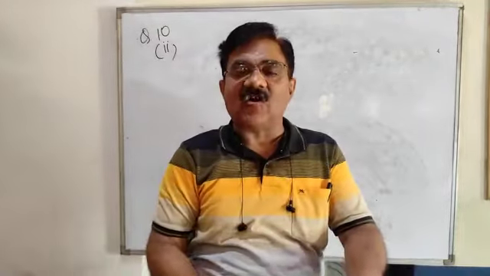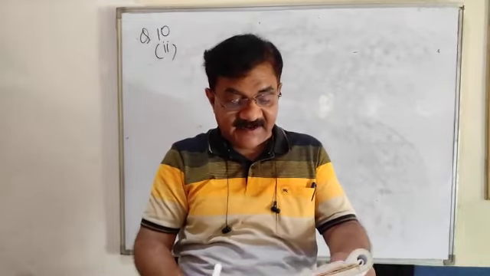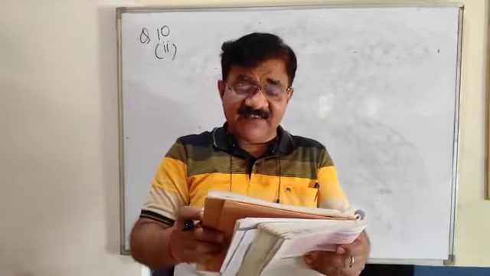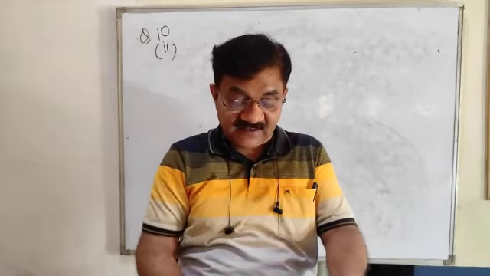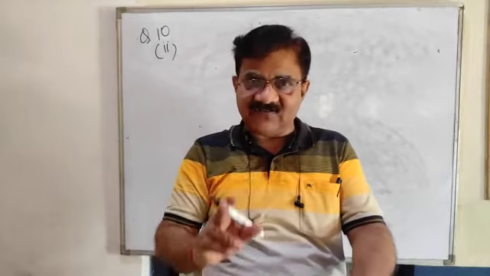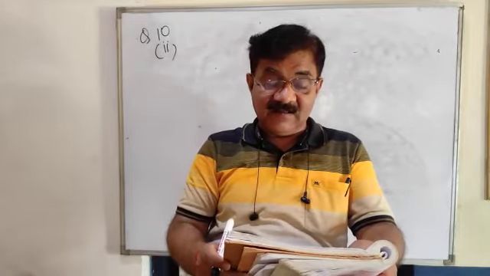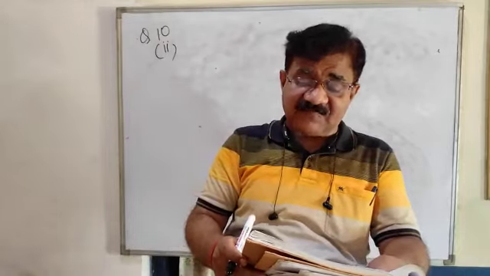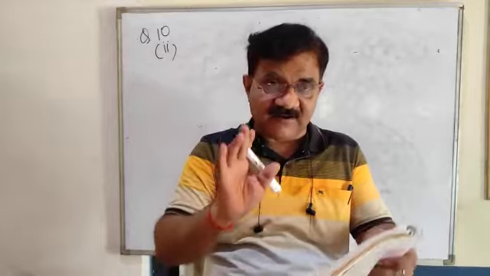Two angles are complementary, means their sum is equal to 90 degrees. The larger one is 50 degrees less than 3 times the smaller one. Try to understand: two angles are complementary and the larger one is 50 degrees less than 3 times the smaller one.